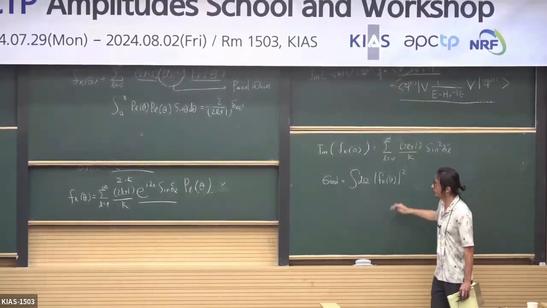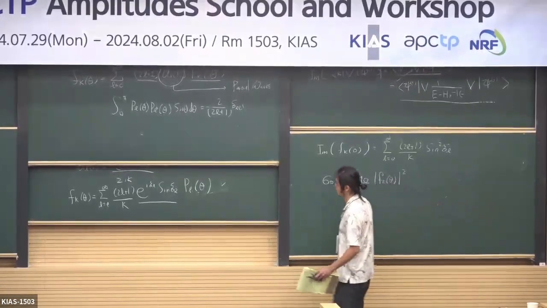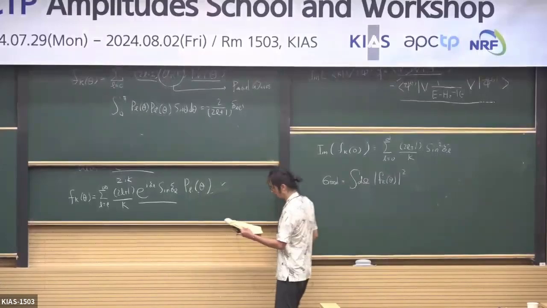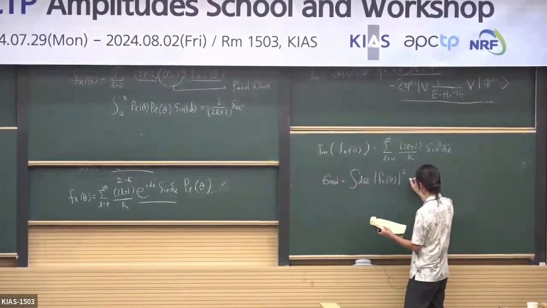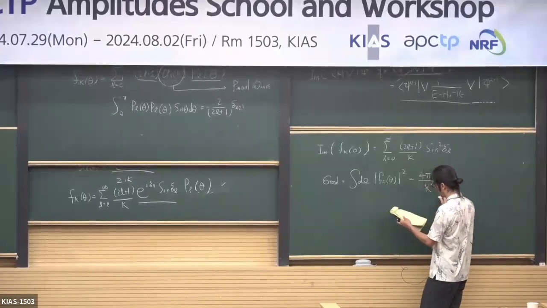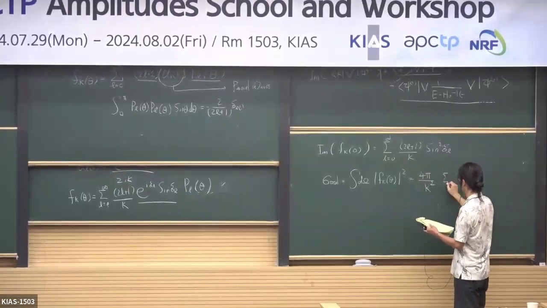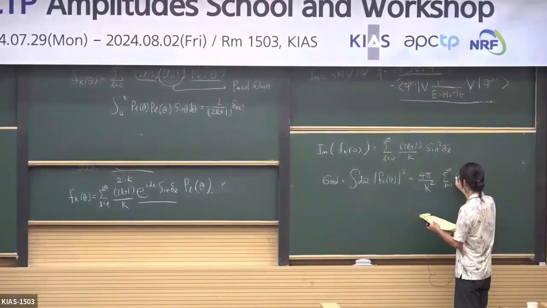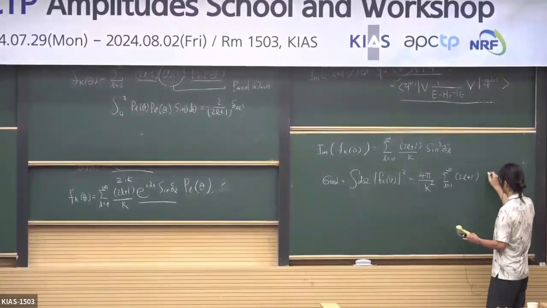So it collapses, and of course you have this k squared here. So in the end you will get that this is just 4π over k squared times the sum from L equals 0 to infinity of (2L+1) sin squared δ_L. You're only left with one sum.